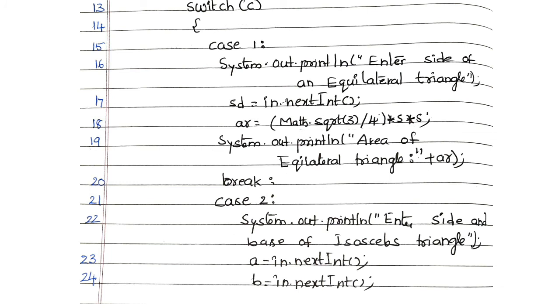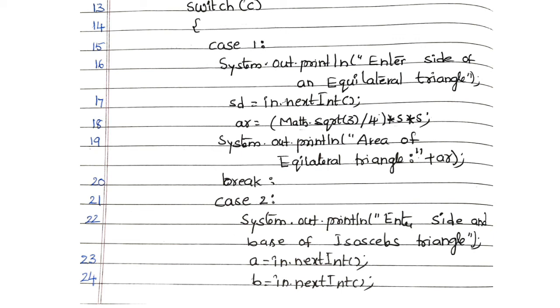That's why I have written switch of c. Now come to the cases. As per the question, we have to write three cases. One is meant for equilateral triangle, the second one is meant for isosceles triangle, and the third one is meant for scalene triangle. Now come to the first case.